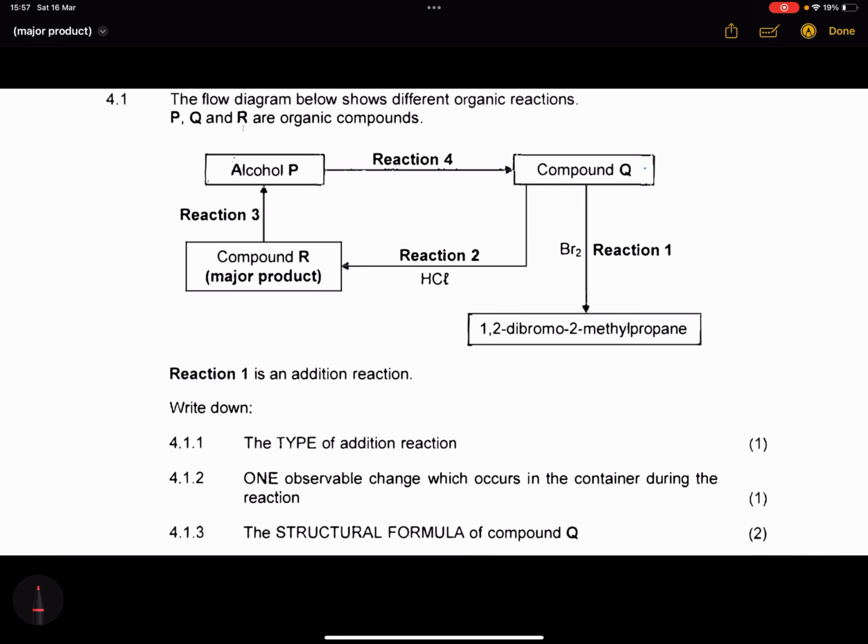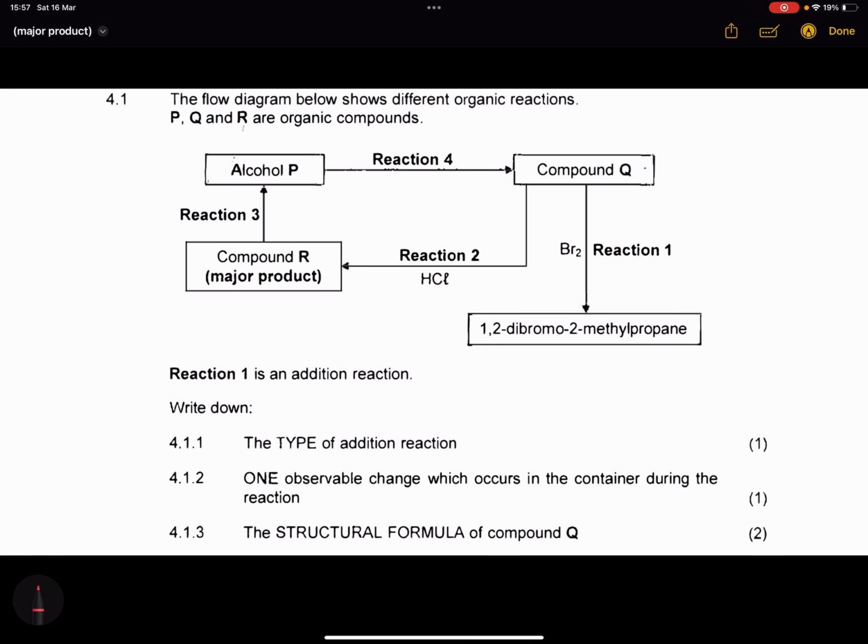Now I want you to note that can only happen if we had a double bond, right? So which means that compound Q is definitely an alkene, and definitely this would be an addition reaction, right?